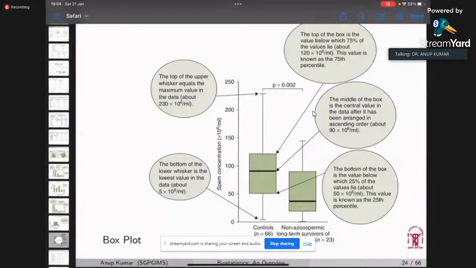You can see that this box plot is describing a lot about this data. On the x-axis there are two groups: one is the control and one is the long-term survivors of childhood cancer. Frequency is written over here, and this last line is the lowest value, and this top line is the highest value.